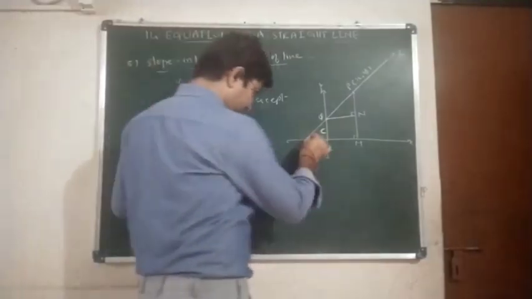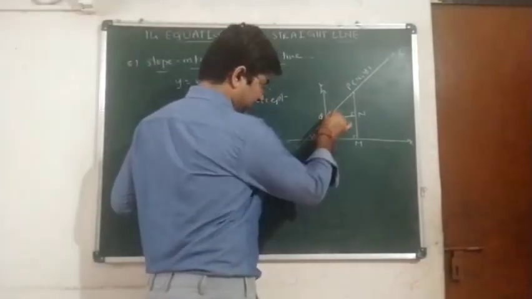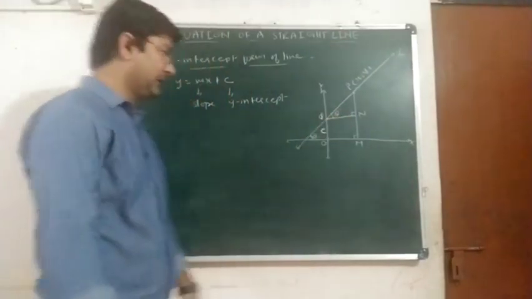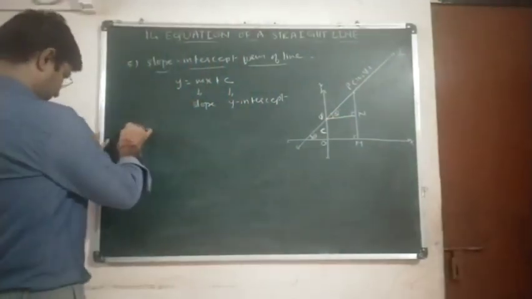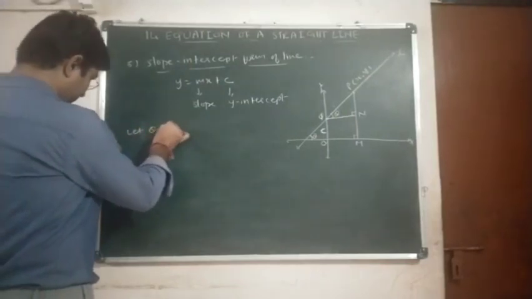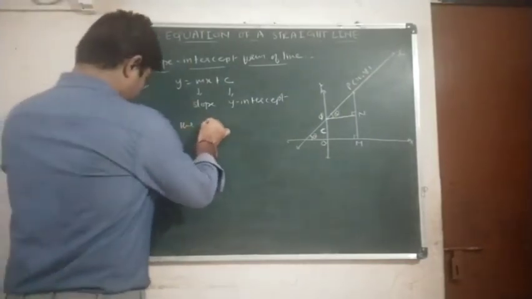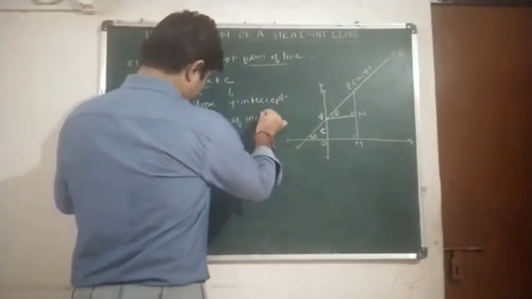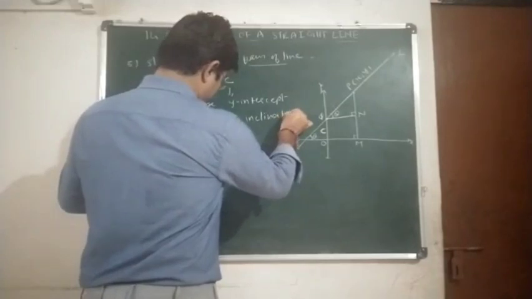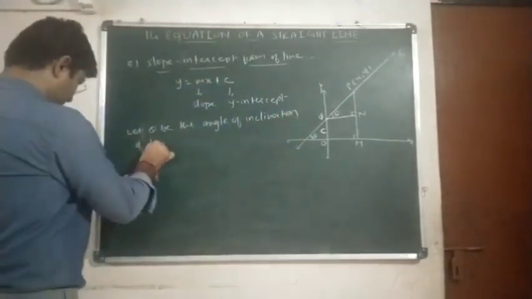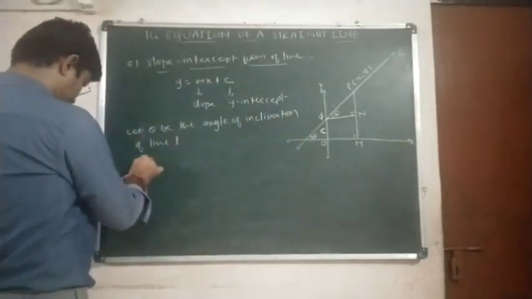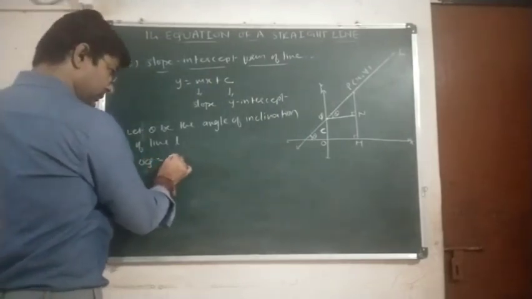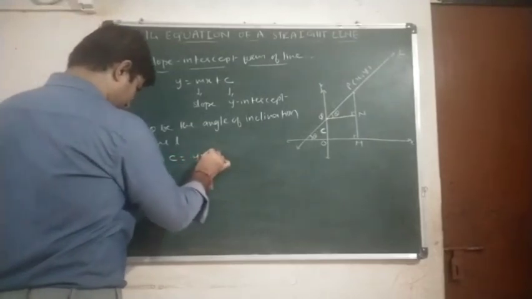Okay, so let us write down the description. The angle of inclination of line L is theta. So again this angle will also be theta because these both are corresponding angles. So let theta be the angle of inclination of line L. OQ is equal to C, which is the y-intercept.